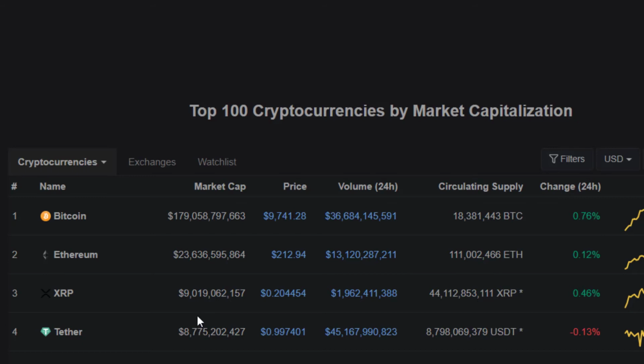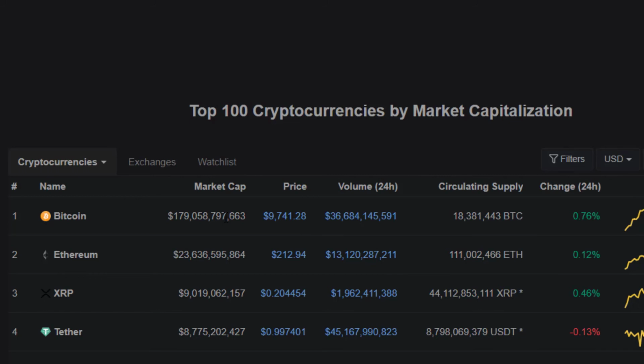Now when Tether closes that gap, then you would usually see a fall in the price of Bitcoin, and when you see XRP extending away from Tether in that gap, then you would see a rise in the price of Bitcoin.